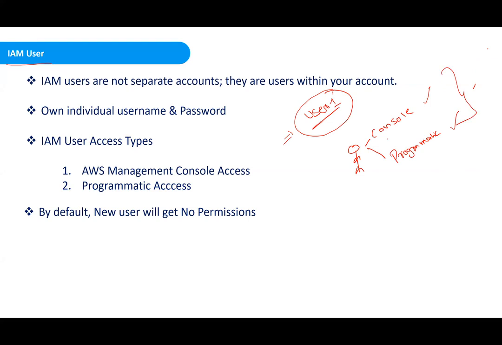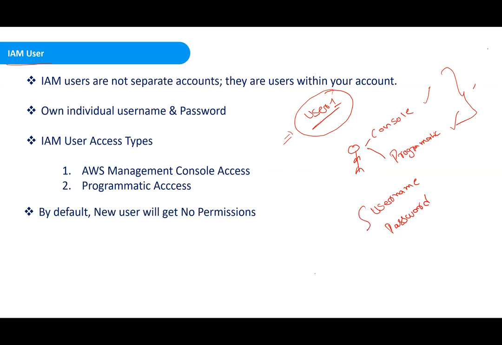First, what are these two different types of access? Let us say I created one user account for you, and if I select the management console access, then the user will get the combination of username and password.